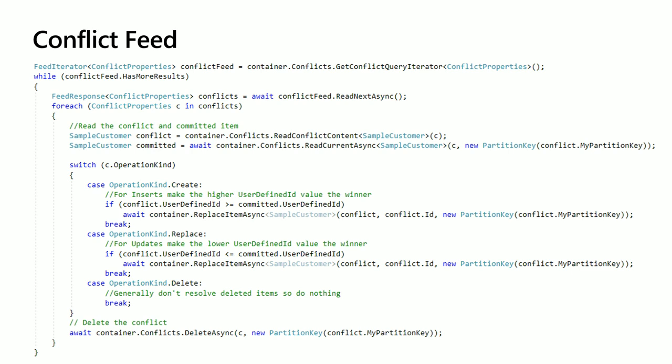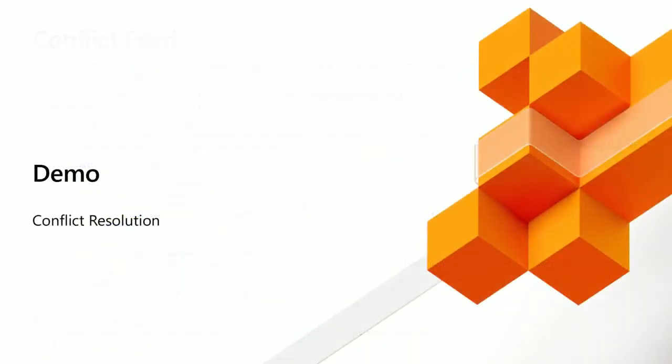And then after you're done processing it, just delete the conflict off the conflict feed. This is great. It's more complicated, but because it's just its own app, you can functionally use anything you want to help merge your data, even calling other third-party services or another database. So there's more power with this, but it's more complicated to do. All right, let's do some demos.